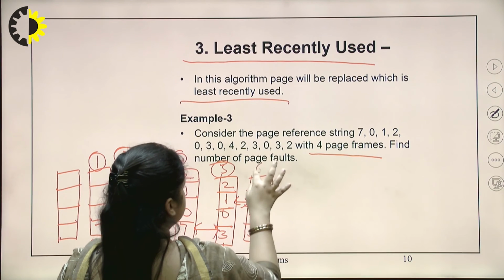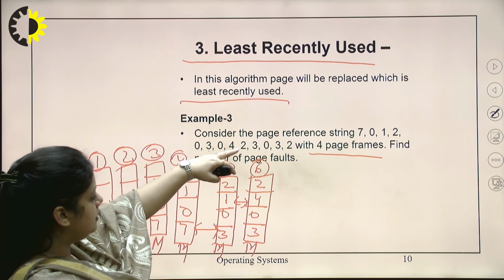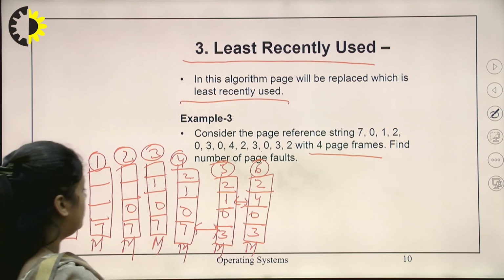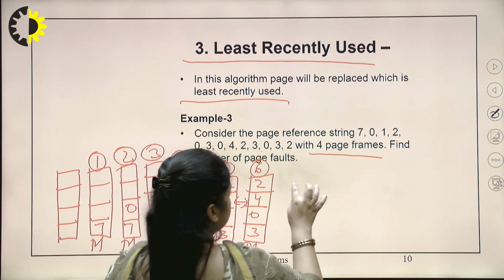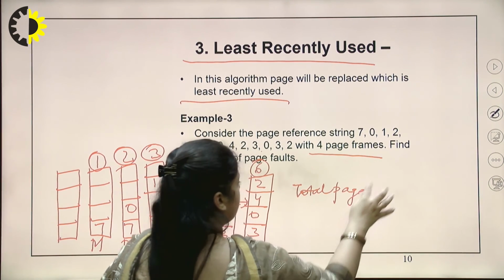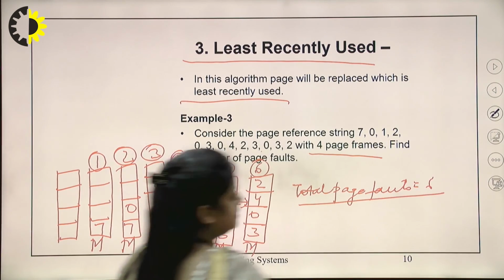This is the next miss that has taken place. Then 2 is available, there is a hit, 3 is available, 0 is available, again 3 is available and again 2. So here we can see the total number of page faults is equal to 6.